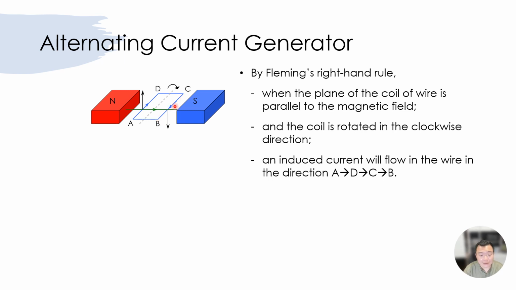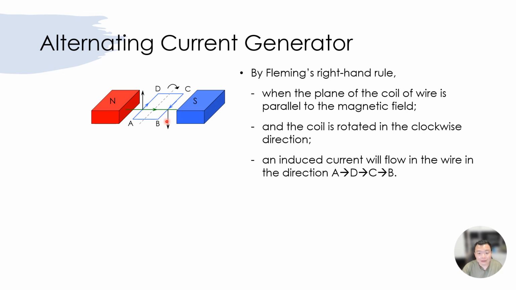BC, and the conclusion is that you will have an induced current flowing from C to B. So therefore, let's try again. For the part of the coil CB, which is this wire over here, the direction of the force and the motion is downwards because the whole coil is rotating in a clockwise manner.